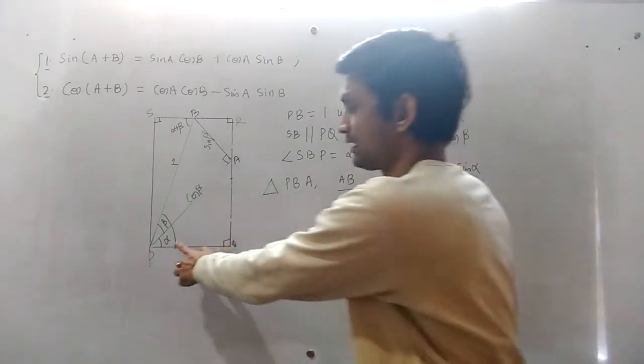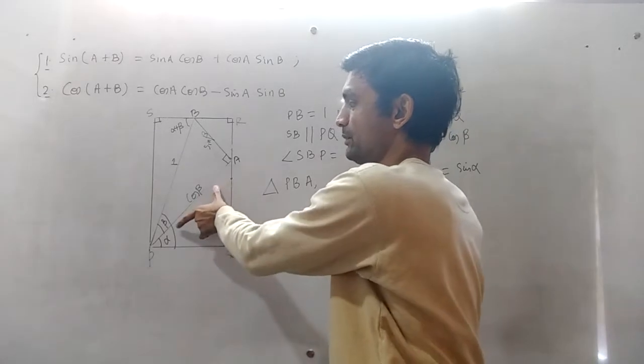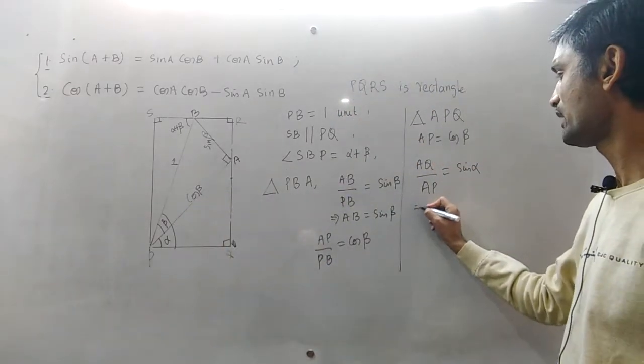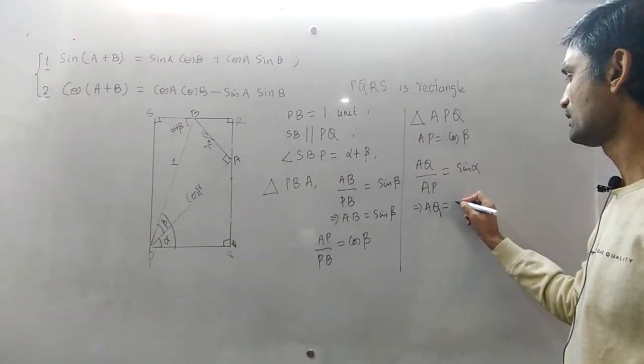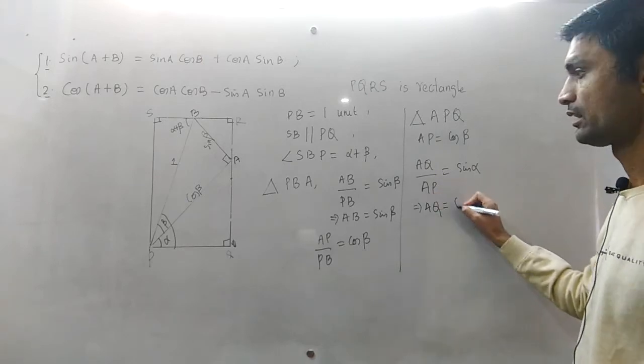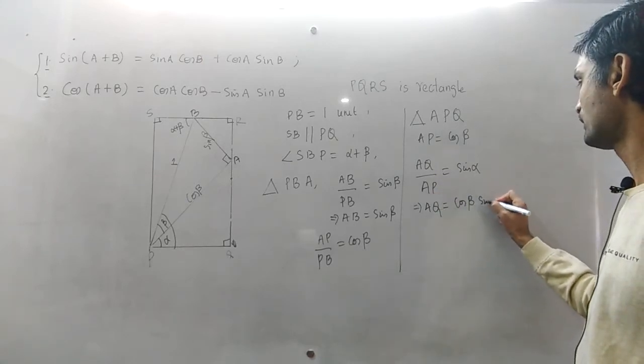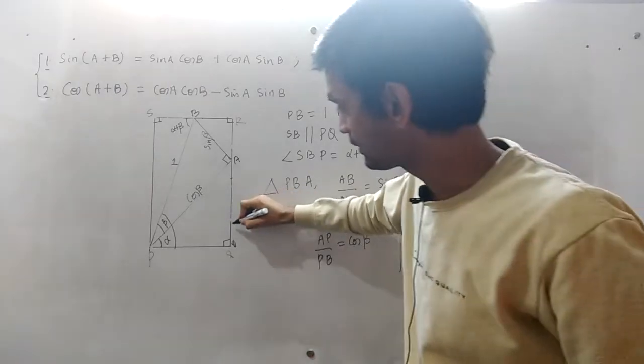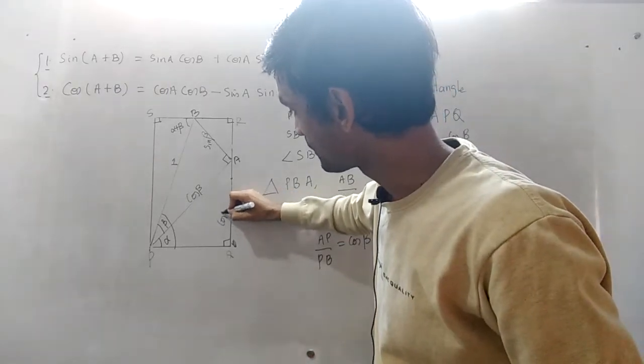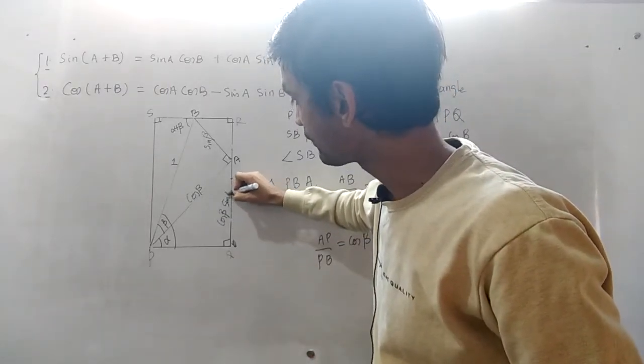Right? For this angle alpha, this is the perpendicular and this is the hypotenuse. Fine. So this AQ is equal to AP, AP is cos beta, so AQ is cos beta sin alpha.